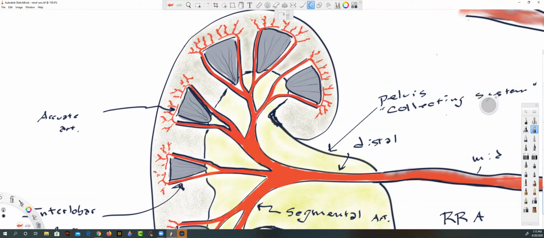And then I'm going to give you two names for these little jazz hands here, these little fingers sticking out. Your book calls them interlobular arteries.